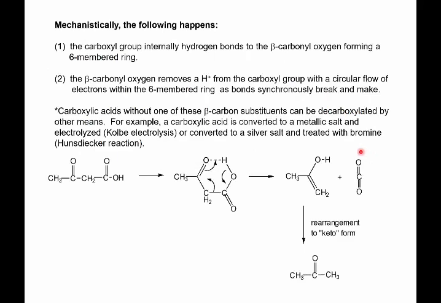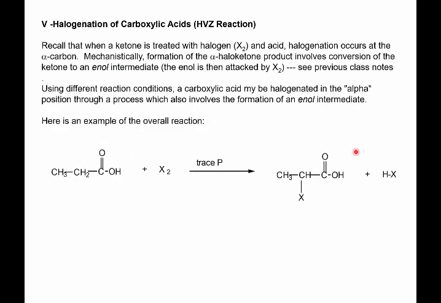Right. Finally, there's one more reaction that I want to discuss. This is number 5. It's a name reaction. Many of the important reactions in organic chemistry bear the name of their discoverers or developers, which you have already seen. This one is called the Hell-Volhard-Zelinsky reaction, or for short, HVZ reaction.